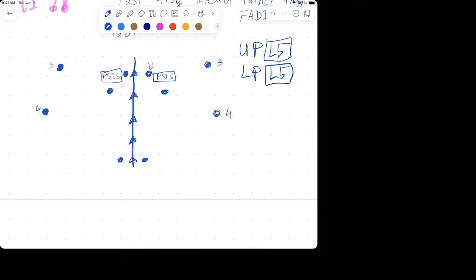So this is upper 5, this is lower 5, upper 5, lower 5, right? So you've got 4 5s, but speaking of one side, you've got a pair of 5s, one medial to the PSIS, one below the PSIS, and then you've got 3 and 4.